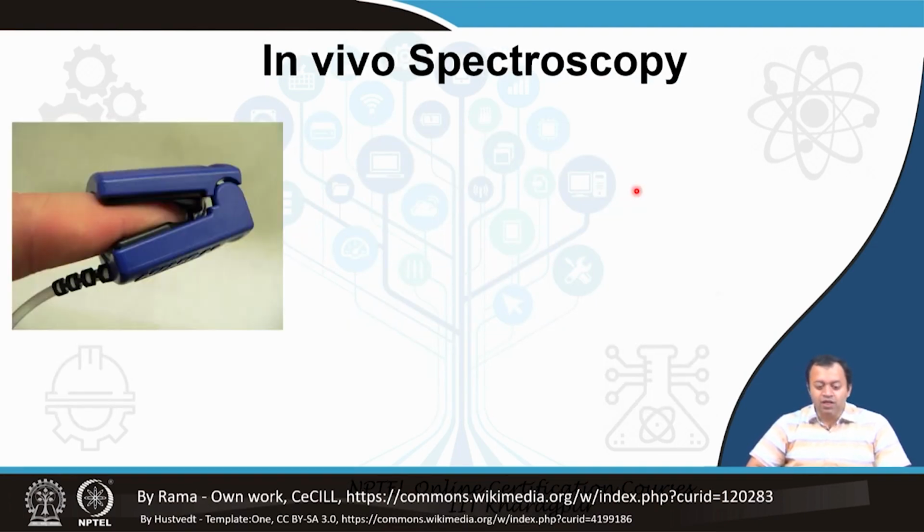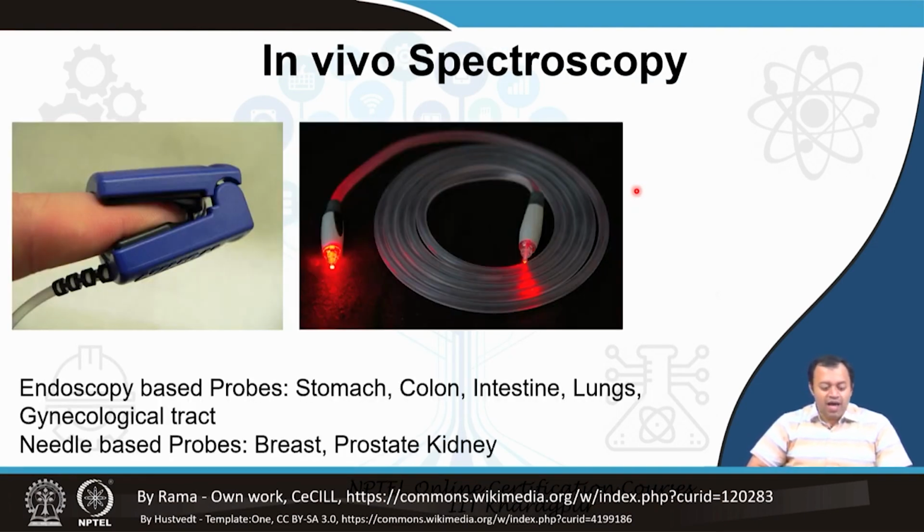We can also do in vivo spectroscopy, with endoscopy based probes in the stomach, colon, intestine, gynecological tracts. You all know what this is, right? Laser can be utilized for a pulse oximeter or these kinds of LED based, light emitting structures with this pipe.